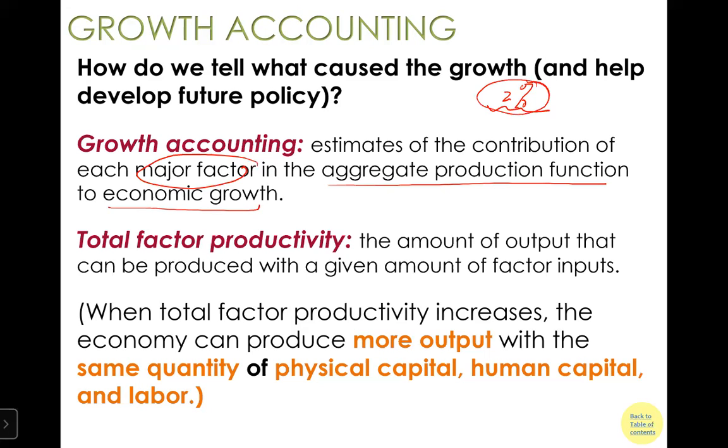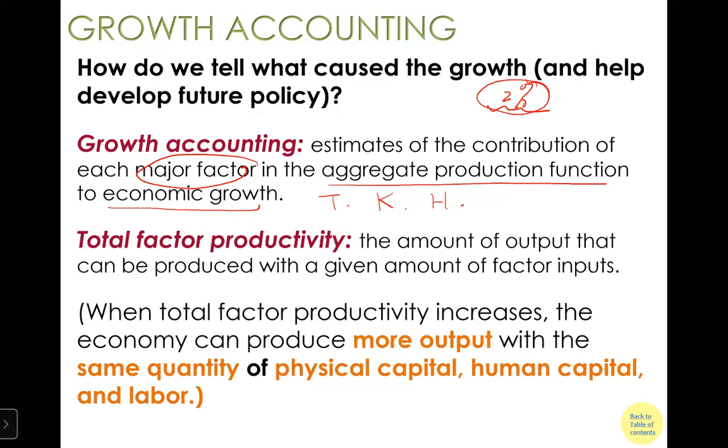So we observe 2% or 8%, or in some African countries, negative 2%. Now we are trying to ask: how is the contribution of each major factor? Okay. And this major factor includes T, technology, K, physical capital, H, human capital. So this growth accounting is going to decompose or attribute the growth to each major factor in the aggregate production function.